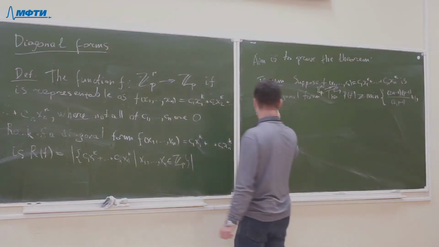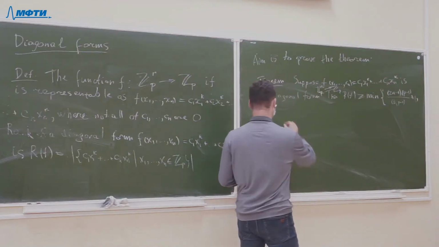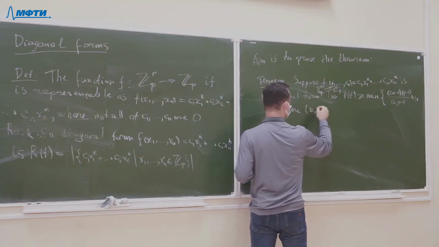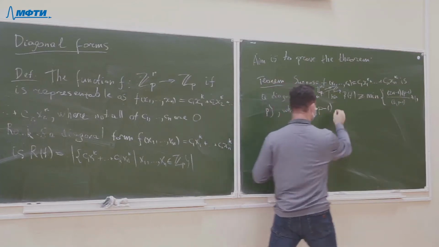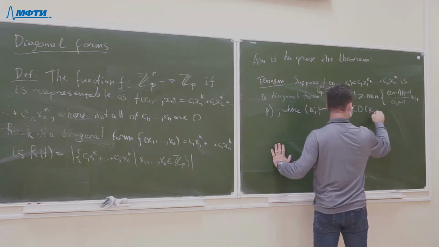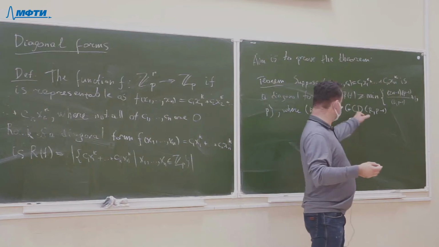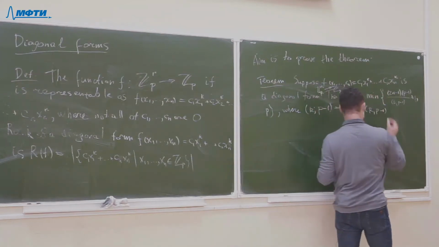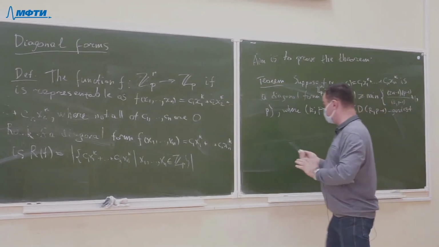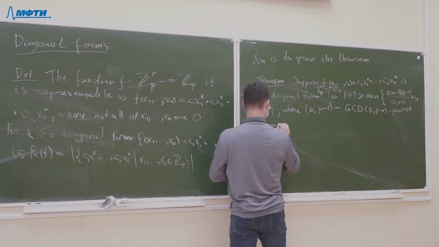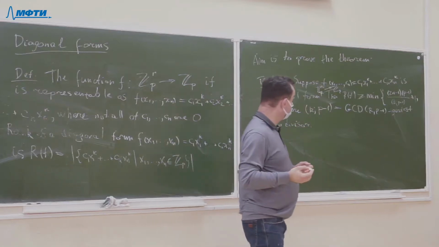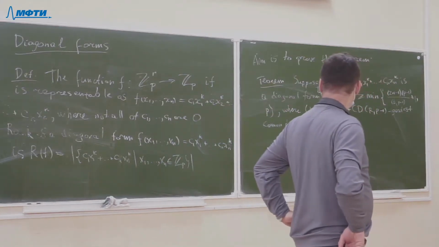And p, where the brackets k and p minus 1 is the GCD of k and p minus 1. I won't write this GCD, greatest common divisor. Well, it's our aim.